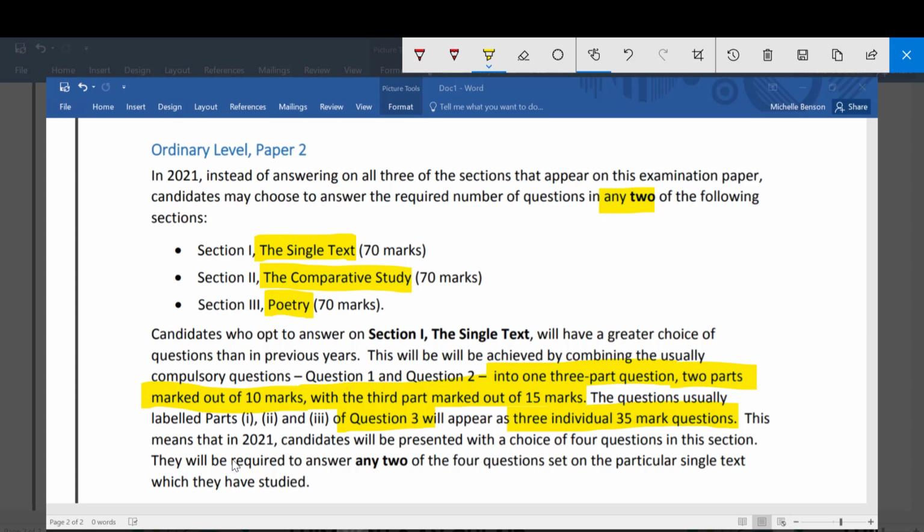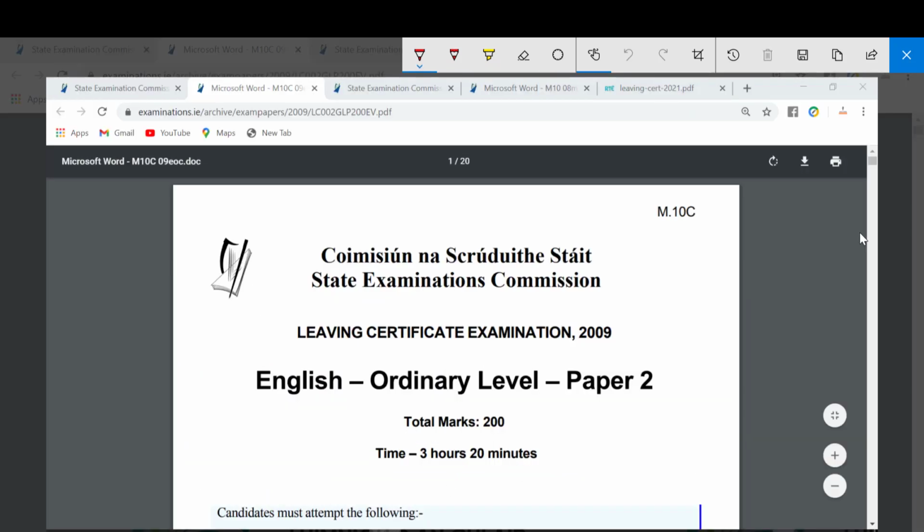This means that in 2021, candidates will be presented with a choice of 4 questions in this section. They will be required to answer any 2 of the 4 questions set on the particular single text which they have studied. Let's just look at paper 2 and the changes that have taken place this year.